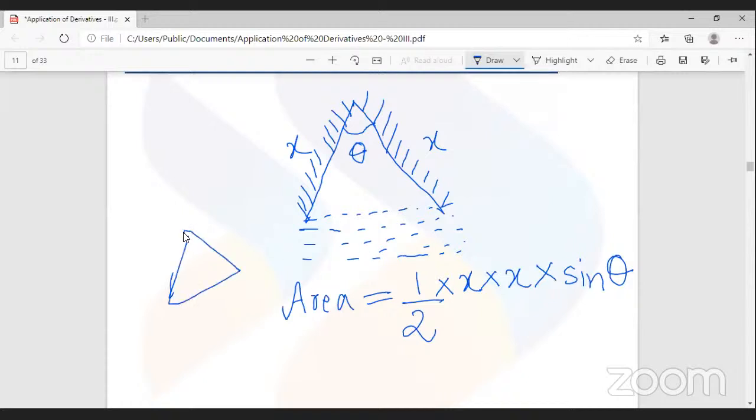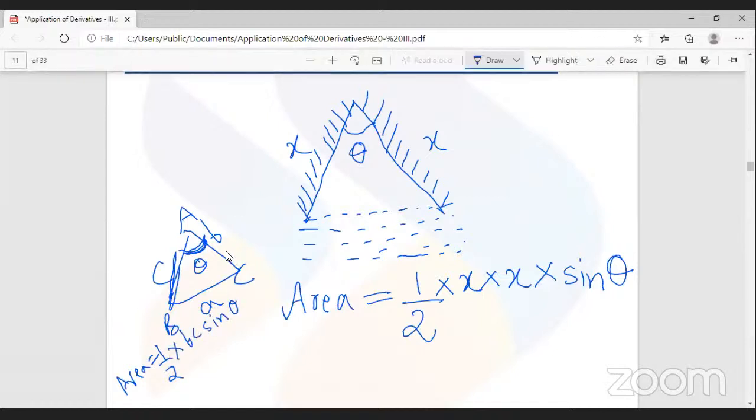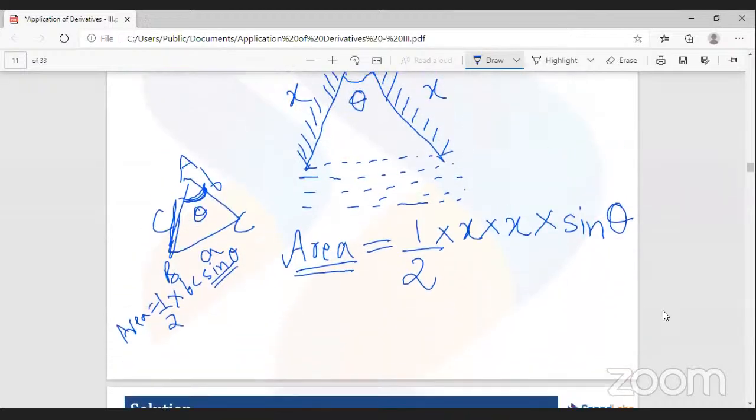So when a triangle is given and its sides are A, B, C, and theta is the angle between B and C, then its area can be written as half BC sine theta. So B and C are the length of the sides, and theta is the angle included between the two sides we are considering in the formula. So likewise, area for this will be half into x square into sine theta.